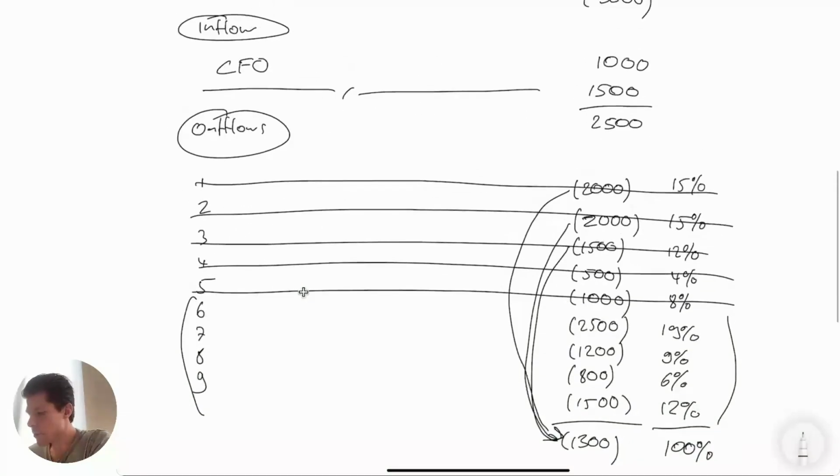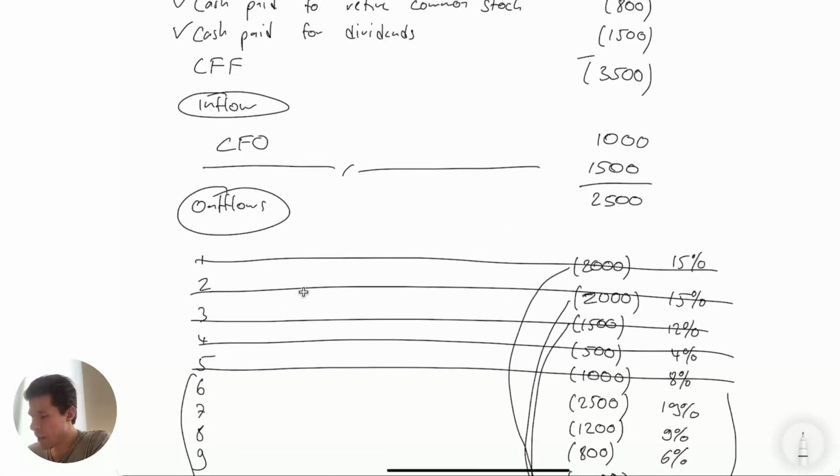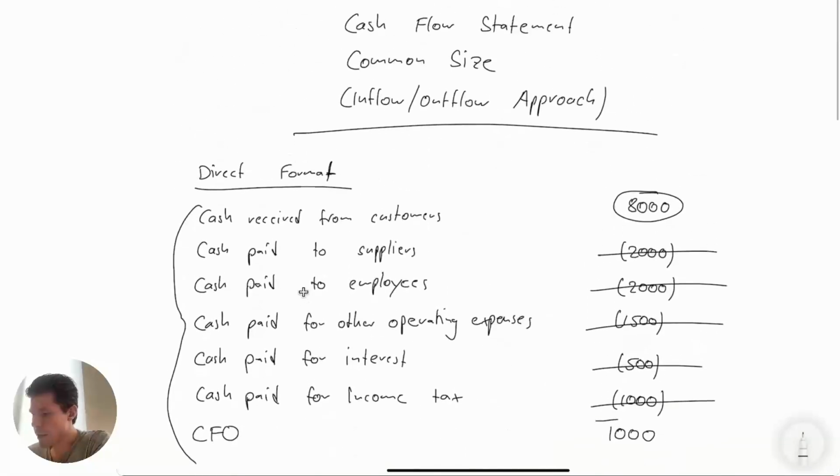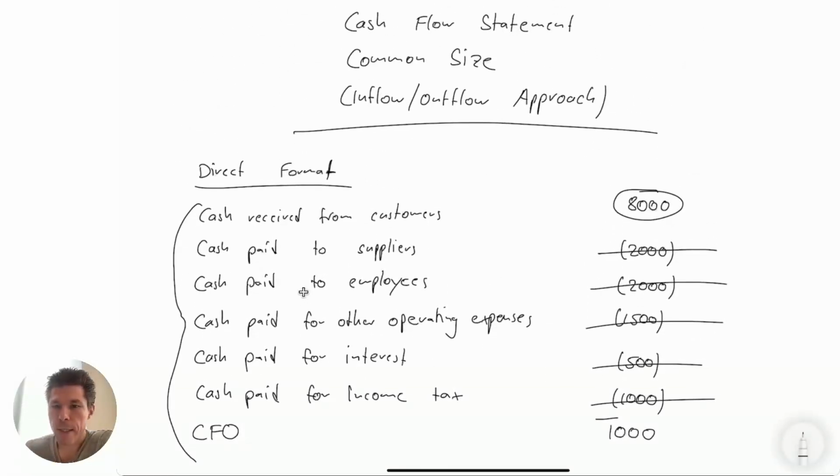So some adjustment, but the approach is the same. This is how you do a common size cash flow statement. I will explain in another video how we express each line item as a percentage of net revenue. I hope you found this useful. Thanks so much. Bye.